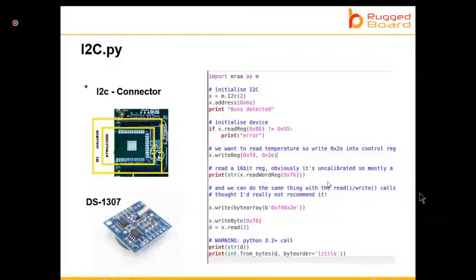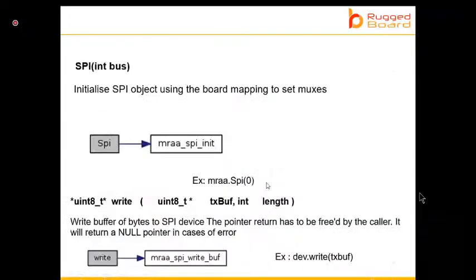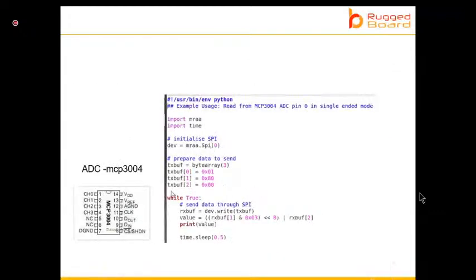Similarly, you have SPI, wherein you can see you create a SPI, and then initialize the SPI. In SPI, you create a message, and then you use write message to transmit that message. This is in terms of message TX buff, and the same value you can use in RX buff.